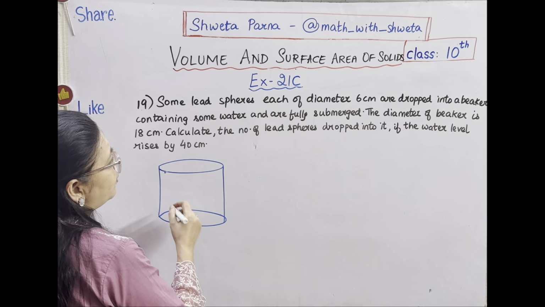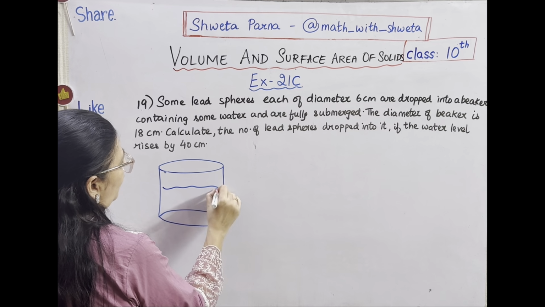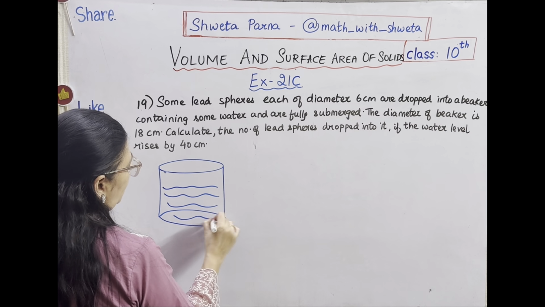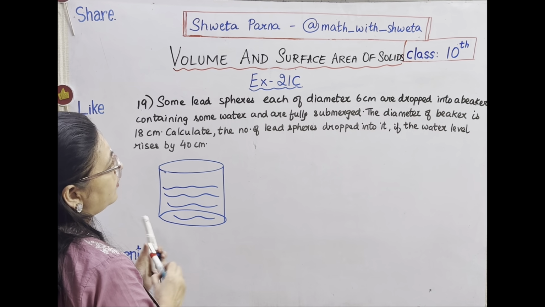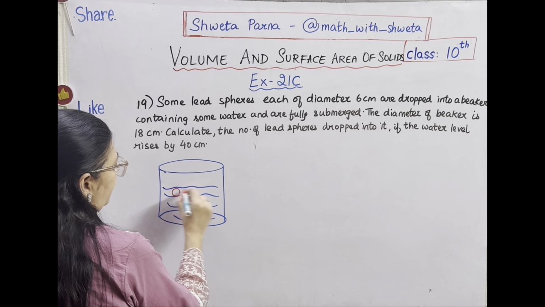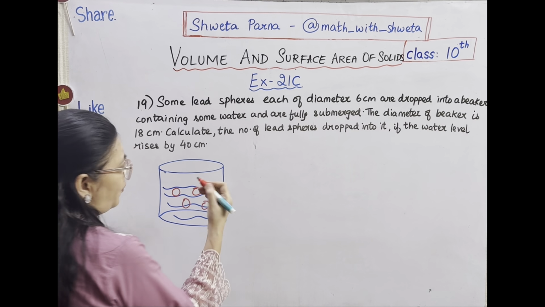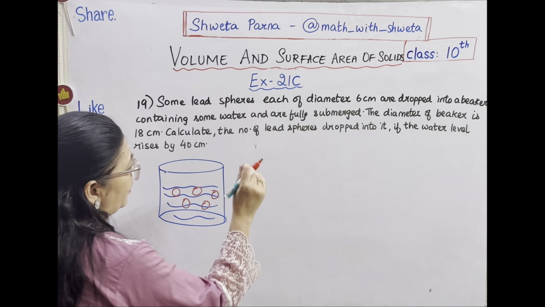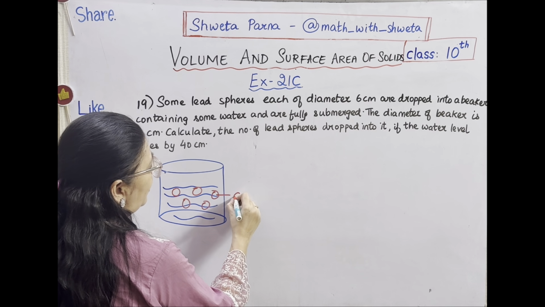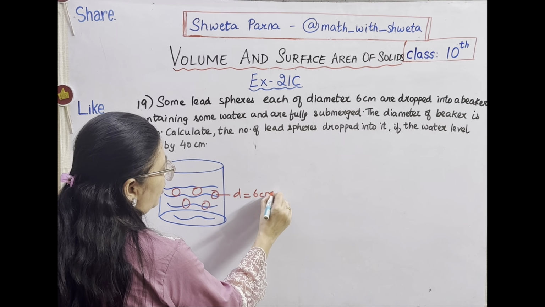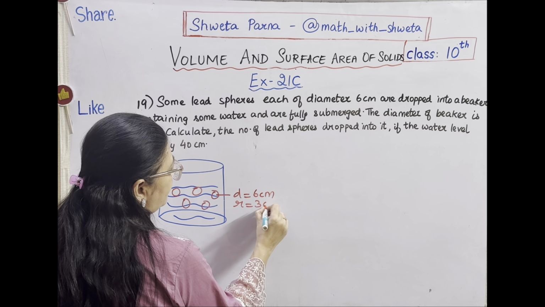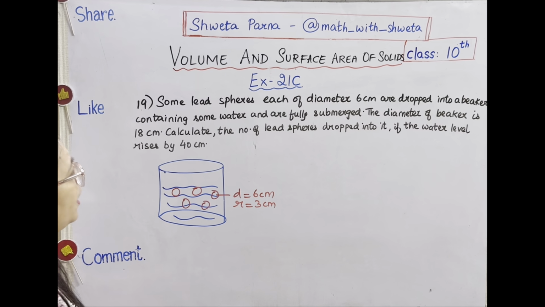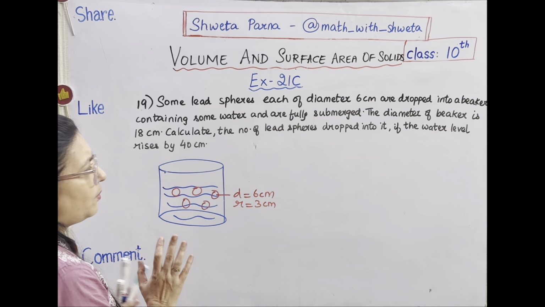Now some lead spheres each of diameter are dropped. So say water level is still here. And lead spheres, some lead spheres, we don't know how many. I am assuming 3, 4, 5, whatever. The diameter of the lead sphere is 6 centimeter, so the radius would be 3 centimeter. And it is fully submerged into water.